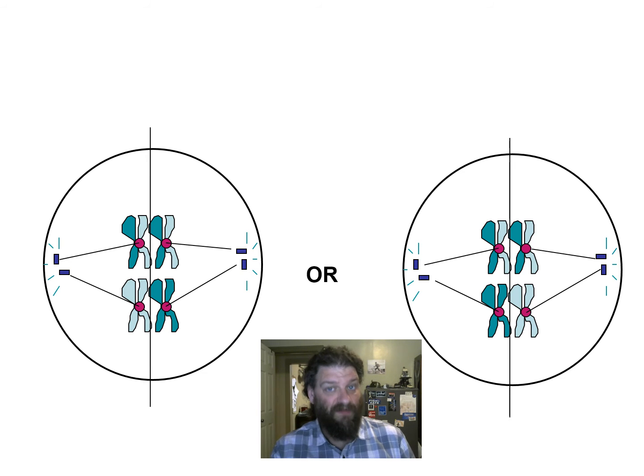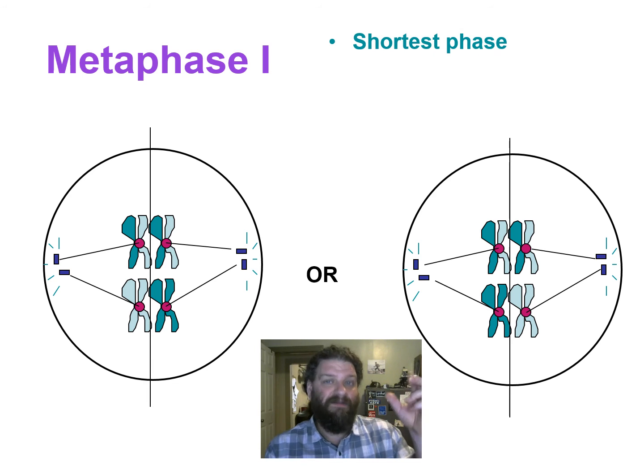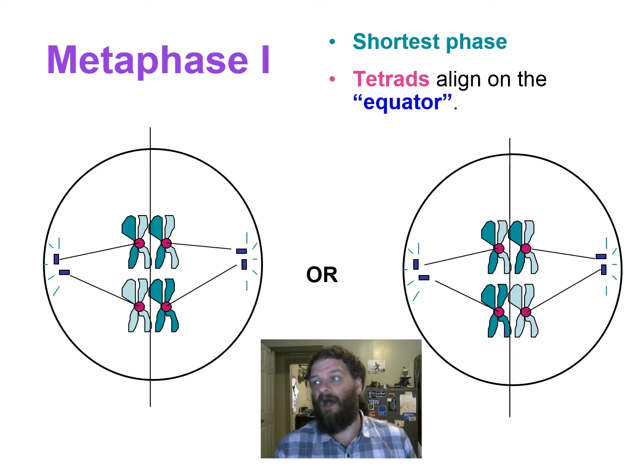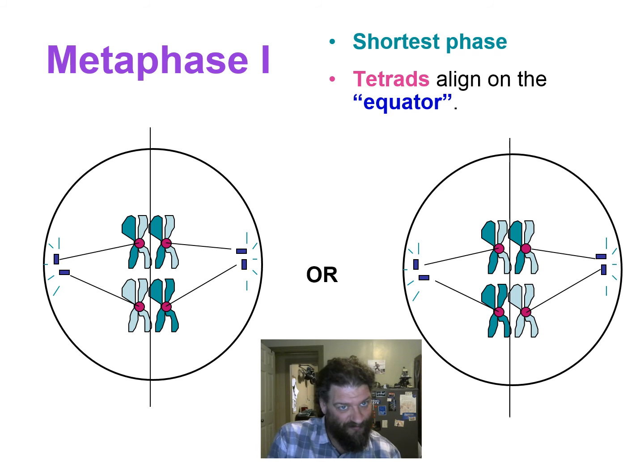During metaphase, instead of what we see in mitosis, where 46 double chromosomes line up, now we're going to see 23 tetrads, pairs of homologs lining up individually across the equatorial plate. And there's going to be a variety of different arrangements of maternal, paternal, maternal, maternal, paternal, paternal as they line up, so that when they do segregate, which is going to happen.